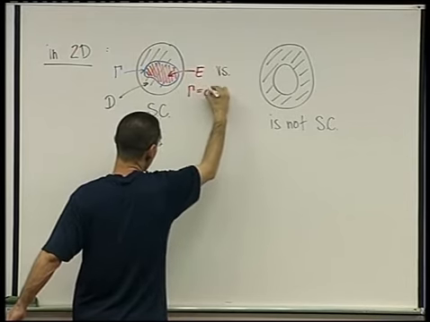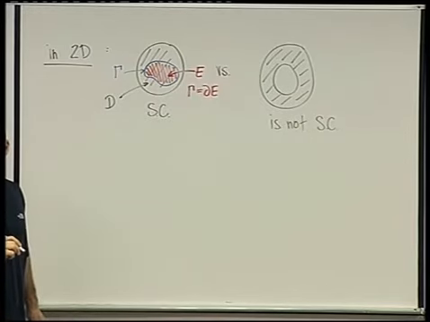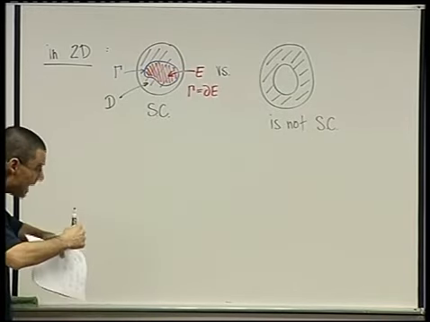Gamma is the boundary of E, where E is contained inside D. Do you agree?